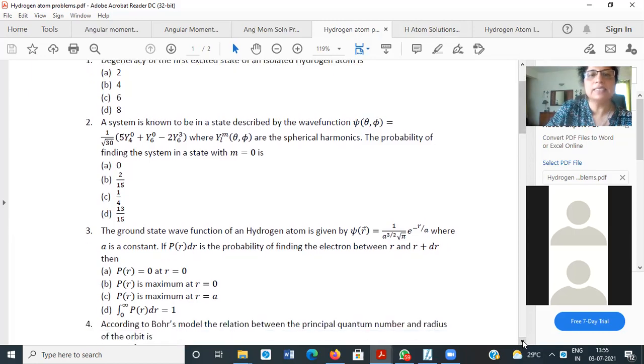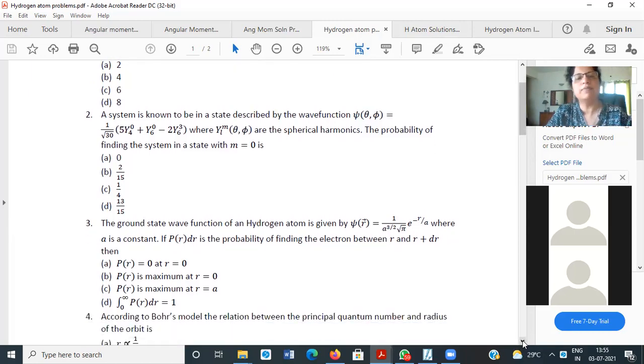What you have been given is a wave function described in theta phi, and it is 1 by root 30 times Y40 plus Y60 minus 2 Y63, where this Ylm theta phi are the spherical harmonics.